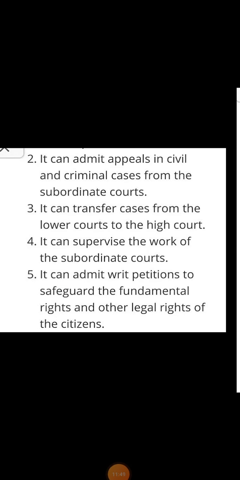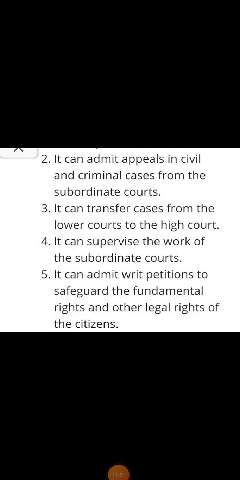Along with this, it can admit appeals in civil and criminal cases from the subordinate courts. If an individual does not accept the decision given by a subordinate court, he can appeal to the High Court.